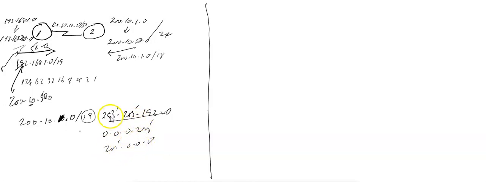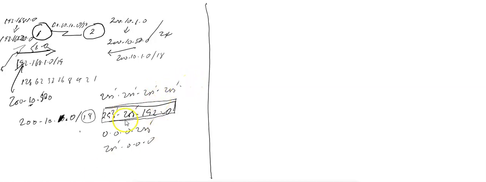So from this given subnet mask, you need to determine the wildcard mask. To determine it, you deduct the subnet mask from what we refer to as the host mask. A host mask is 32 bits, that is 255.255.255.255.